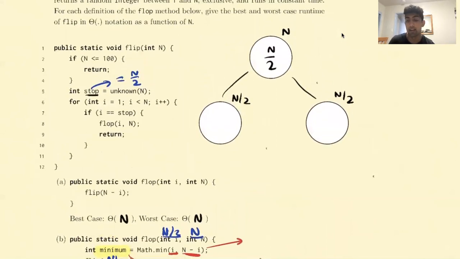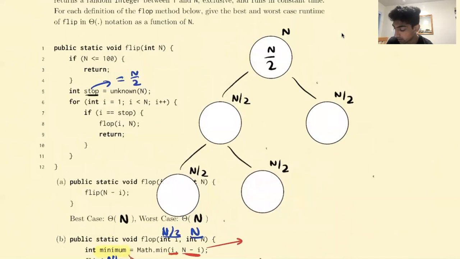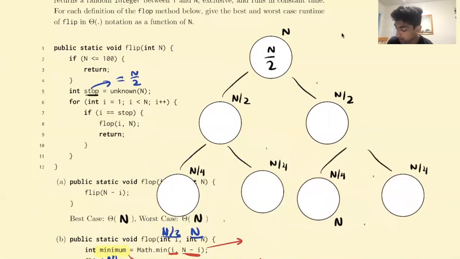Now let's explore another iteration of this process where stop is always n over 2, which means we always stop halfway in the for loop. What we'll realize is that we get something that looks like the following: the next level of the tree will have n over 4, n over 4, and I can duplicate this for this side.